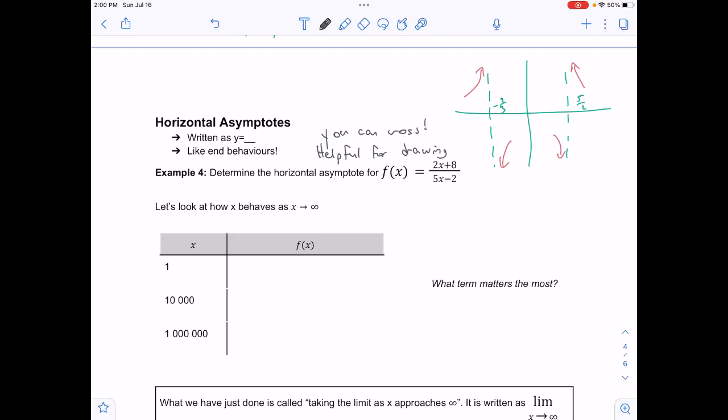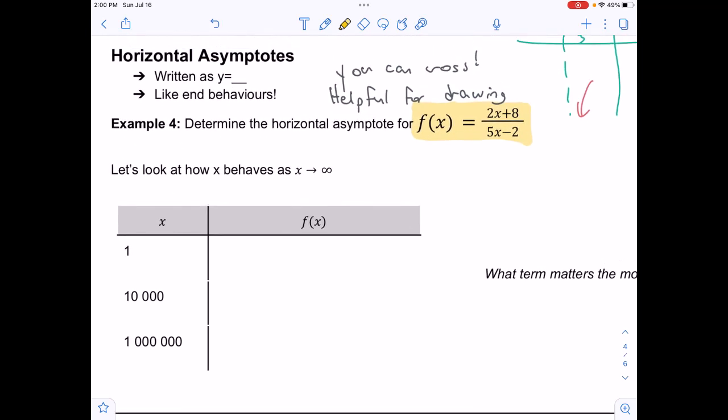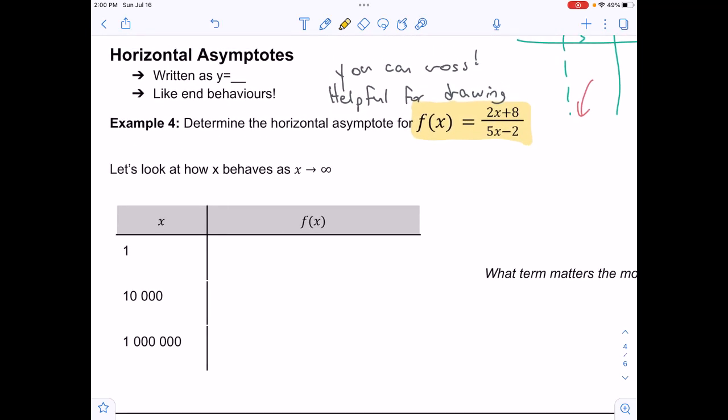Okay, let's take a look for a sec at this function here. f of x is equal to (2x + 8) divided by (5x - 2). We're just going to do a quick investigation here, by substituting these three values into our function and seeing what happens.